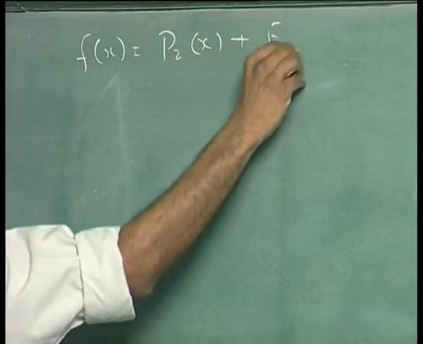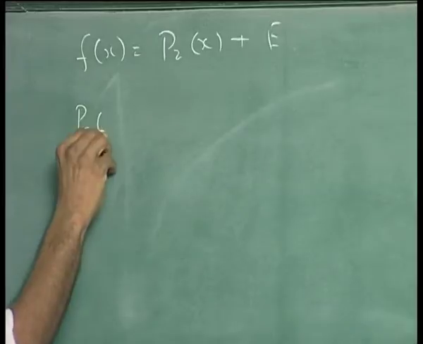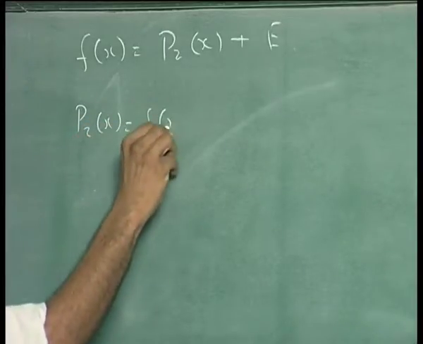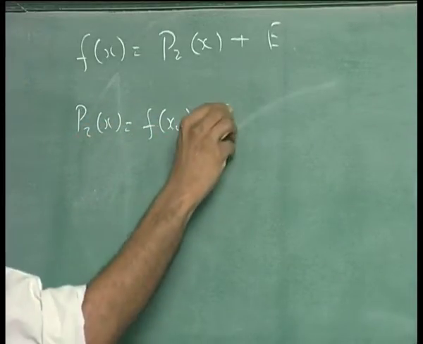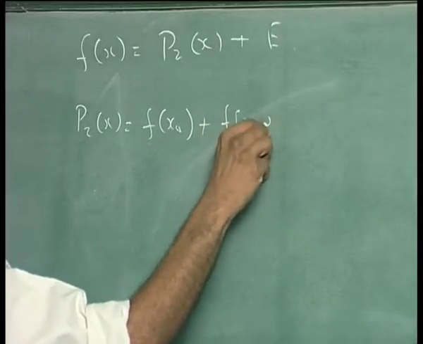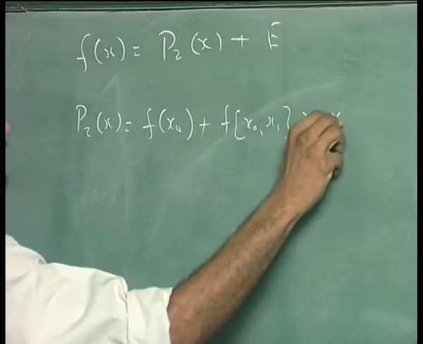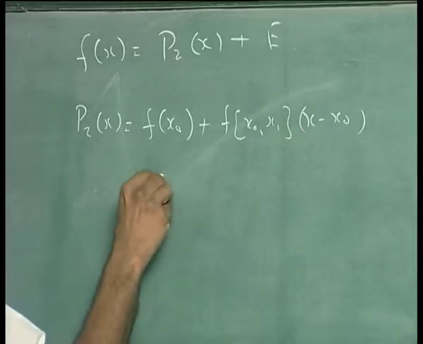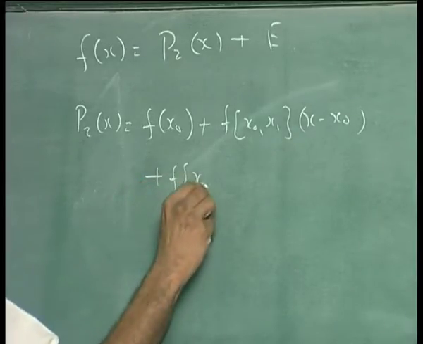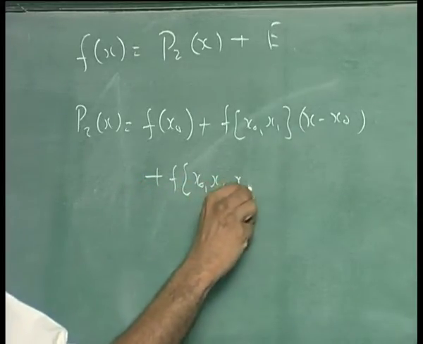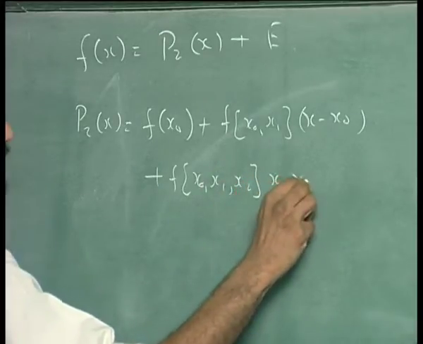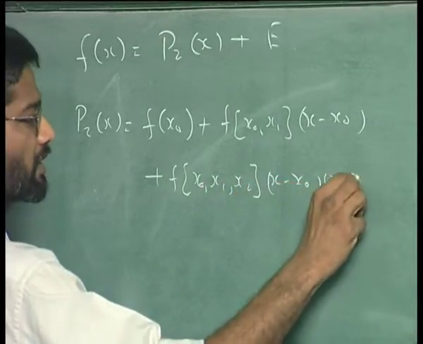So our idea now will be f of x is p2 of x plus some error term, right? Now p2 of x is given by f of x0 plus f[x0, x1] times (x minus x0), plus f[x0, x1, x2] times (x minus x0) into (x minus x1).